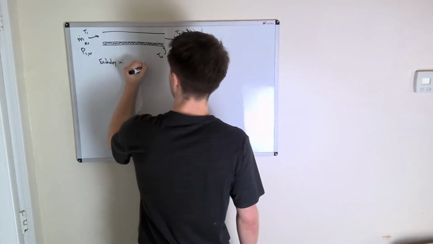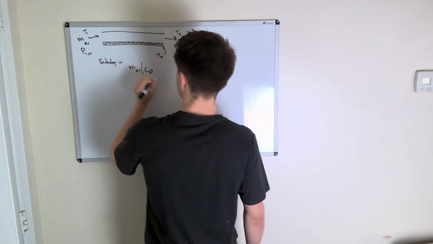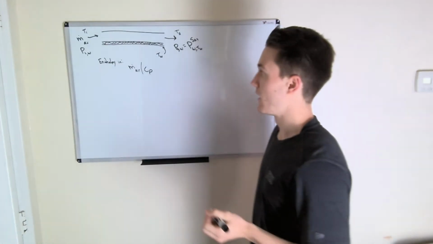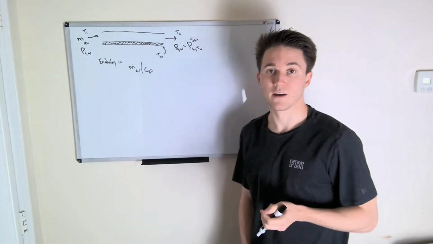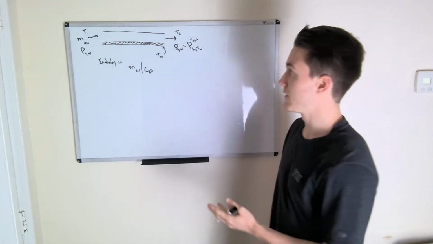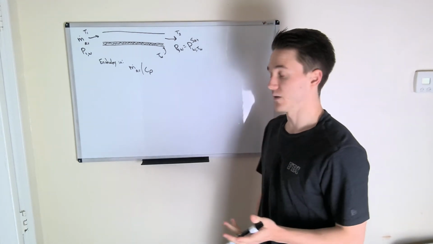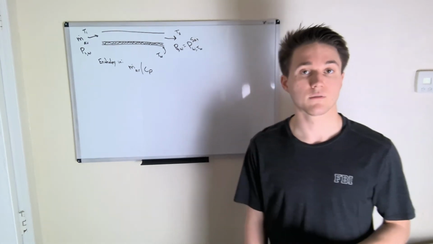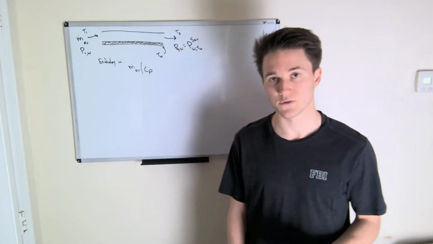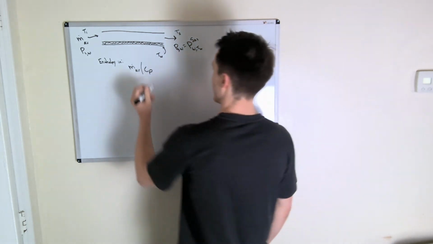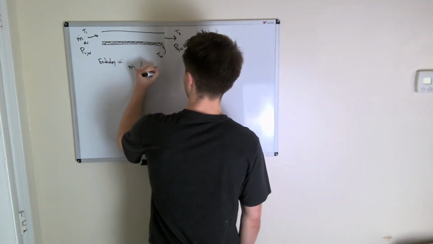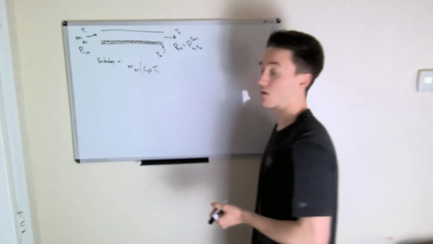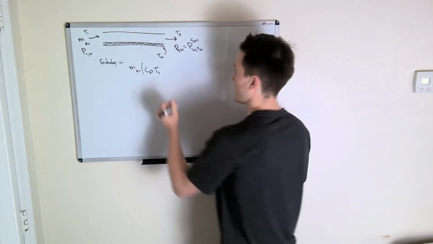So we have our heat capacity, Cp, and then that is multiplied by our inlet temperature, since this is enthalpy in, with respect to a reference temperature, but we'll have our reference temperature equal to 0. So this is just T1, our inlet temperature.